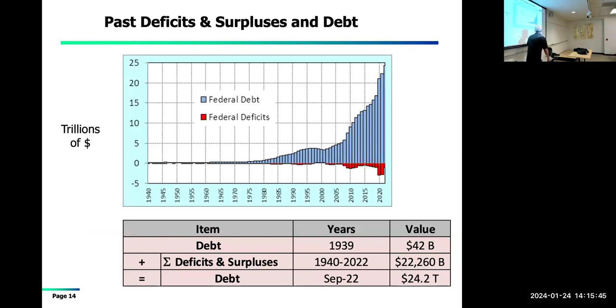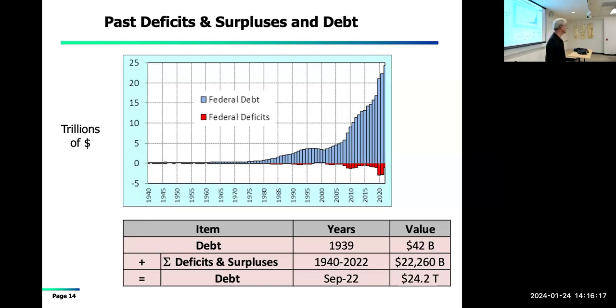There's a little bit of noise in this, but if you just sum up the data from the reported deficits and what the debt is, you find that the reason you had $22 trillion of debt as of September 2022 was because of all the federal deficits, particularly in the last several years, associated with the meltdown and the pandemic.